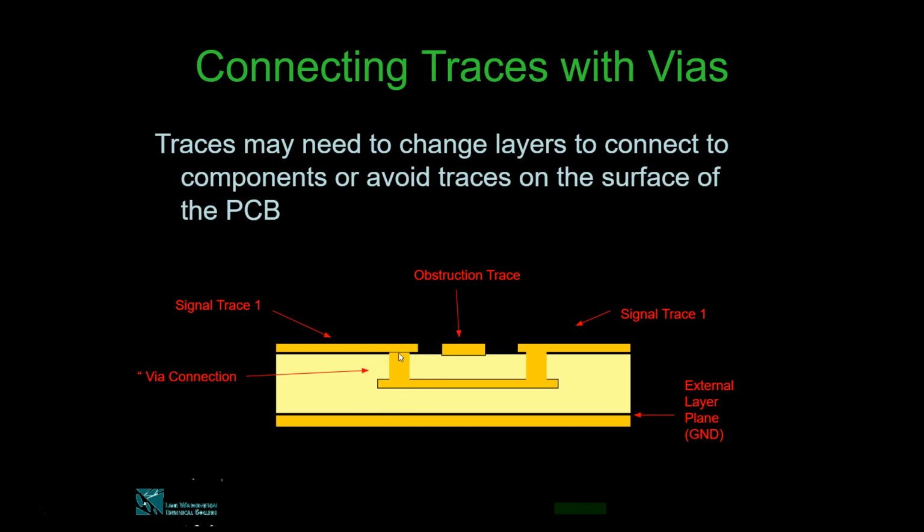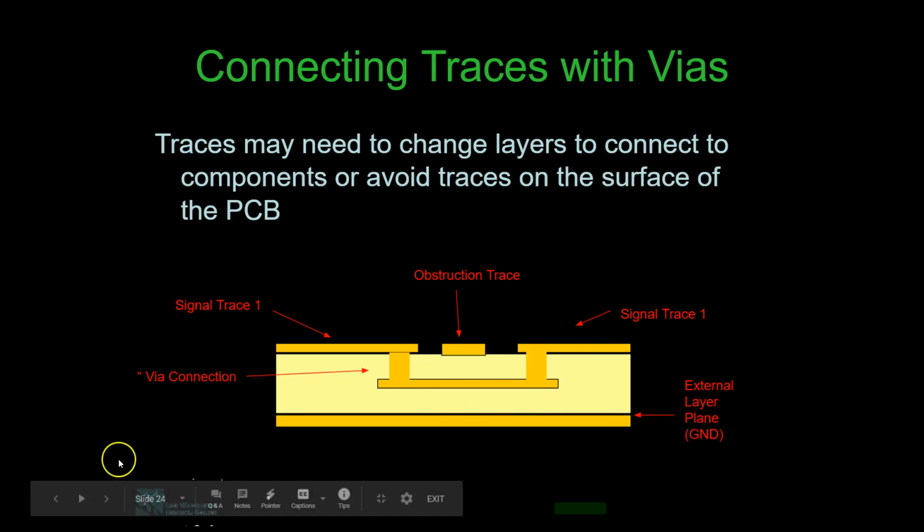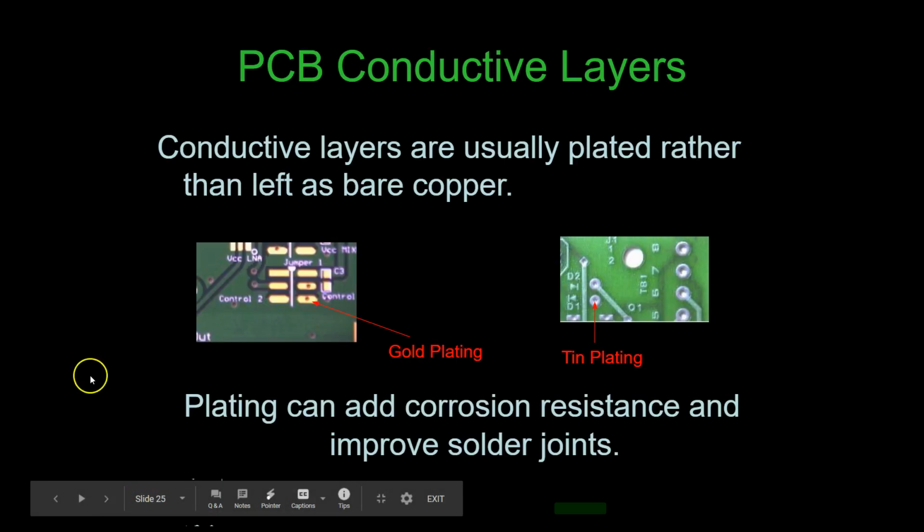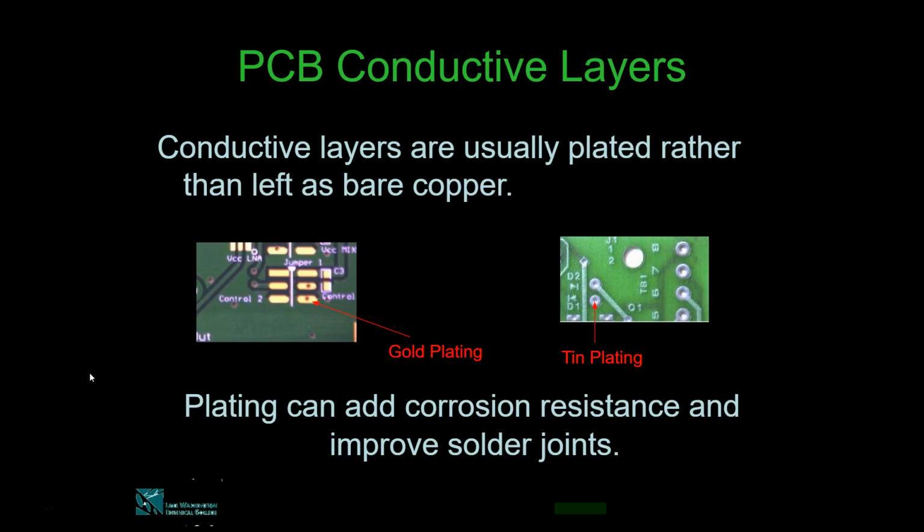And here these traces are connected through the via. These two vias you see, these are the copper layers connected through the via. Now it shows the conductive layers are usually plated rather than left as bare copper.